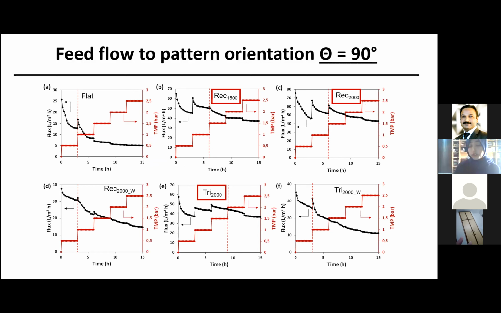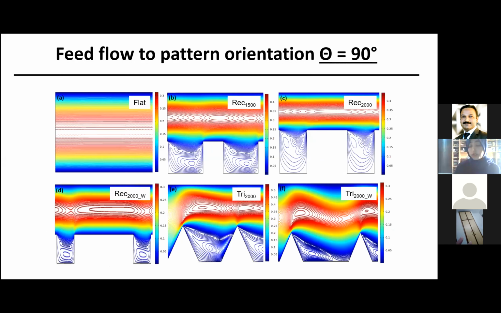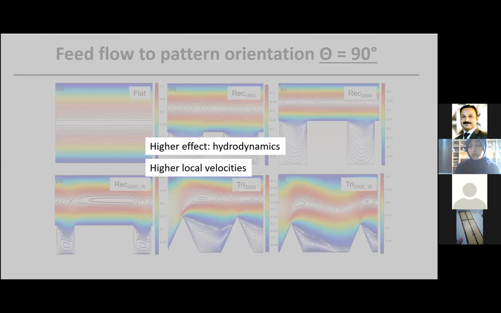This could be explained by the CFD simulation, which showed higher velocities for triangular membranes, and no dead zones were observed for the triangular pattern membrane, which were seen in these widely patterned or rectangular membranes. So it suggests that this particular orientation gives better hydrodynamics to control the fouling, and the local velocities at these pattern apexes are higher in the case of perpendicular as compared to parallel orientation.